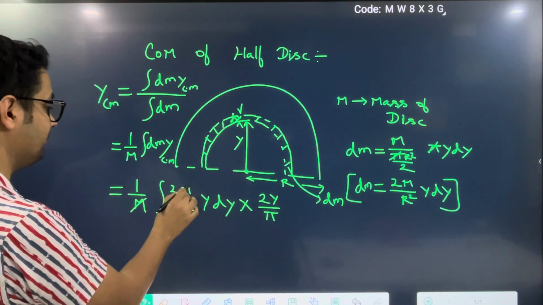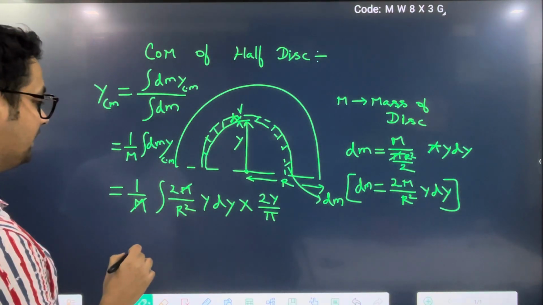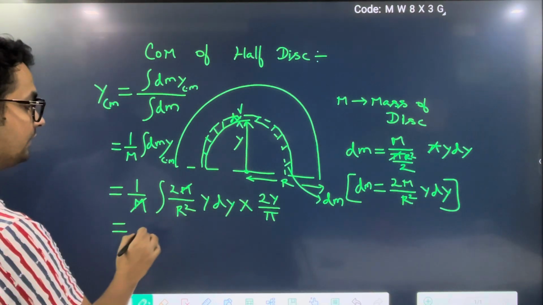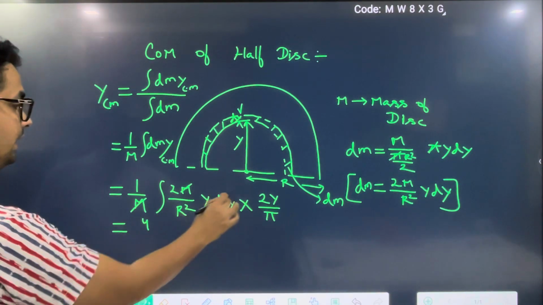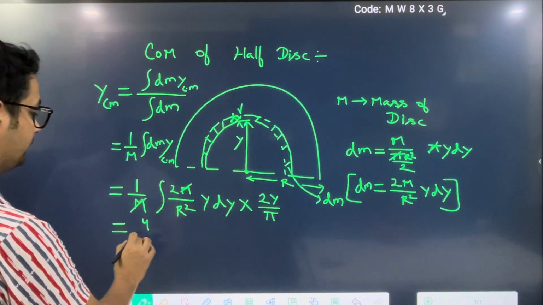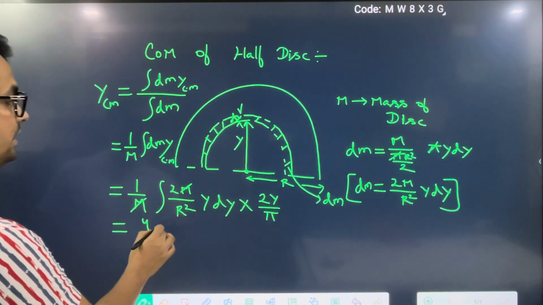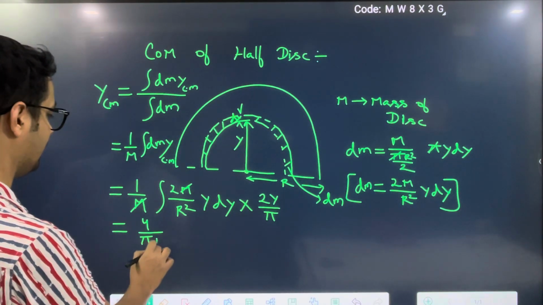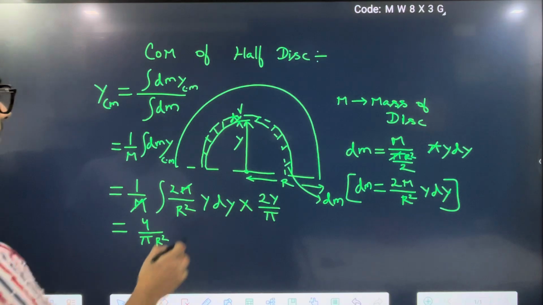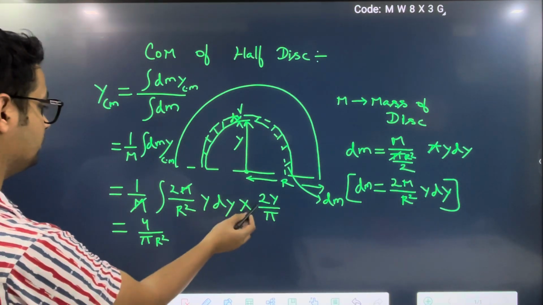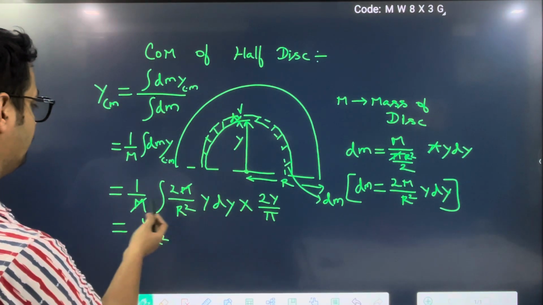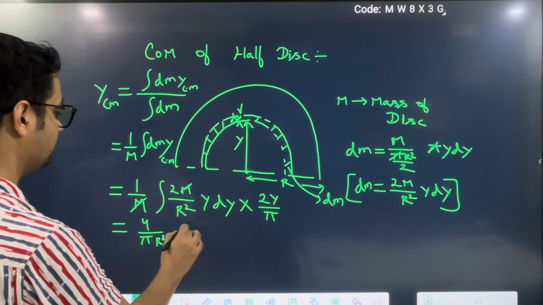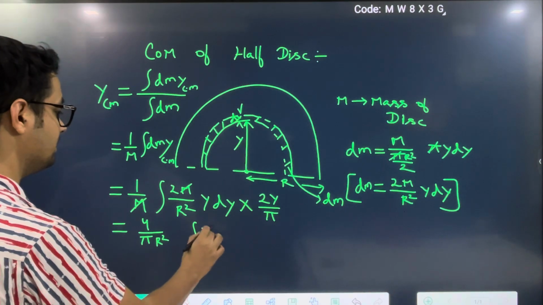Now M and M will cancel out. Can we cancel anything else? No. So 2 into 2 is 4, giving 4 by r square, and pi we can take outside, so pi r square, with y dy inside. Everything is included now, and the y multiplies to give y square dy.